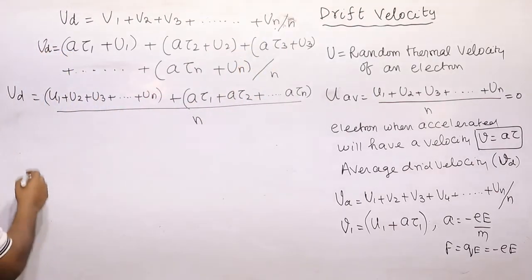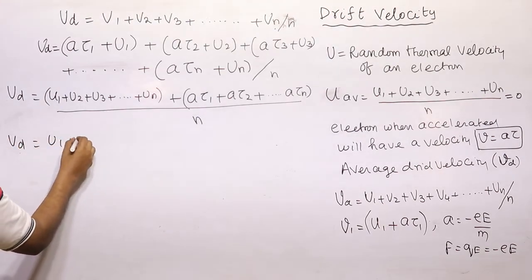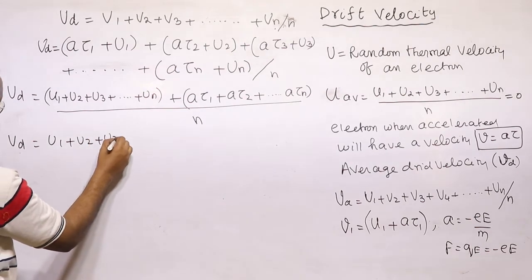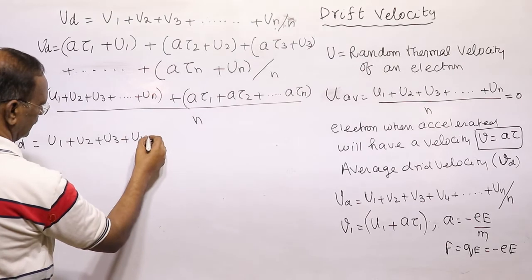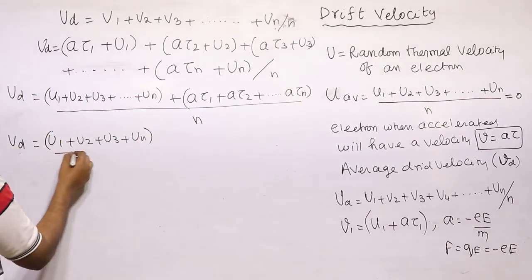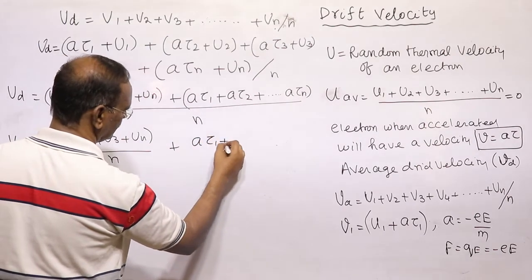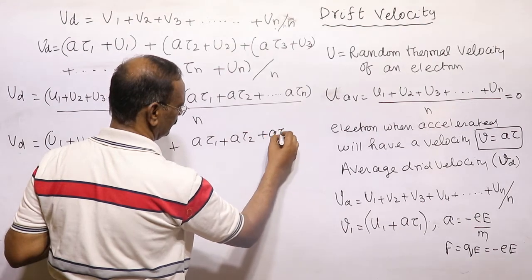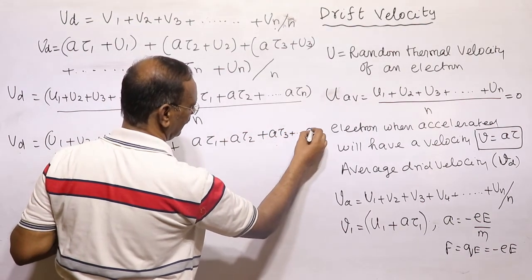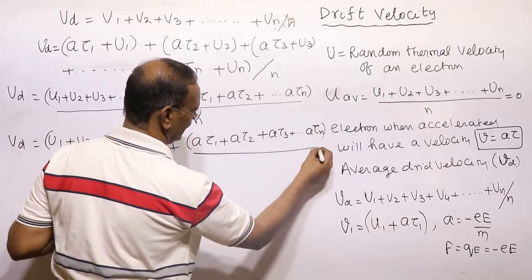So we can write V drift velocity is equal to U1 plus U2 plus U3 plus Un, divided by n, plus A tau 1 plus A tau 2 plus A tau 3 plus A tau n, divided by n.